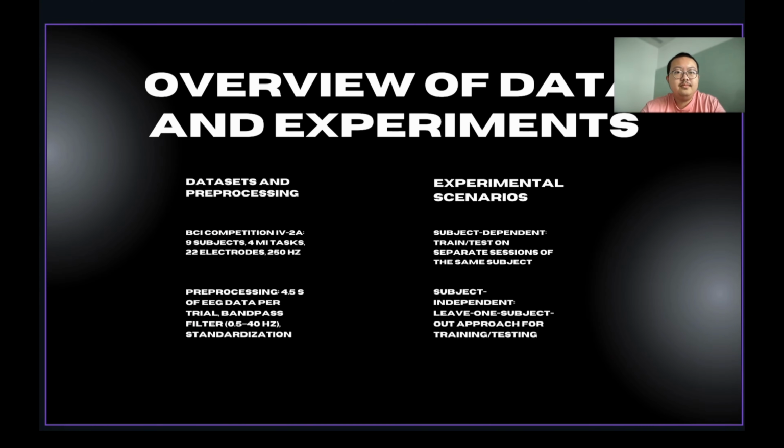The KU MI, a larger dataset with 54 subjects performing 2 MI tasks, was recorded at 1000 Hz, downsampled to 250 Hz for consistency. Each trial consisted of 4.5 seconds of EEG data preprocessed with a bandpass filter and exponential moving standardization. This ensured uniformity across datasets.